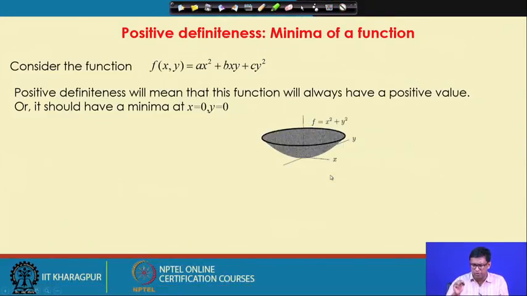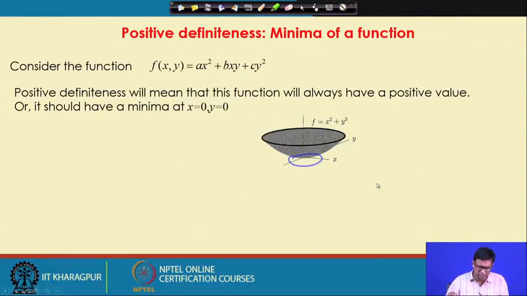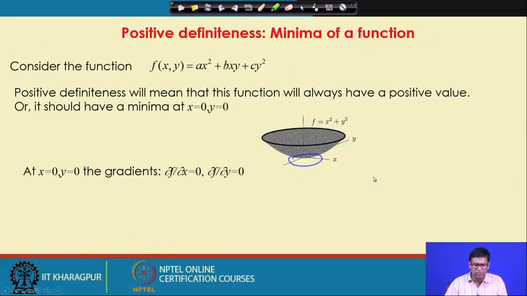So, this can be a function like this, a concave function where the minima is at x equal to 0, y equal to 0. And how do I ensure that the minima is at x equal to 0 and y equal to 0? We will consider the gradients. So, you can see that at x equal to 0, y equal to 0, the gradients are already 0.